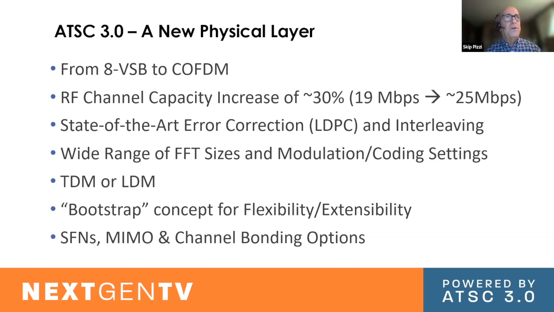But if you hold all things equal, we go to about a 25 megabit per second capacity on the channel versus the 19.39 that we have today with ATSC-1. And the reason I say about, and you see the tilde there, is because unlike ATSC-1, which has a single operating point, ATSC-3 has a wide variety of them. We'll show a little more about that in a second.